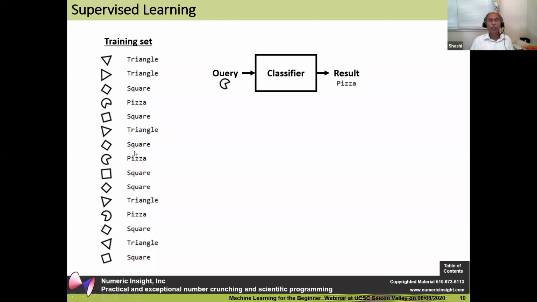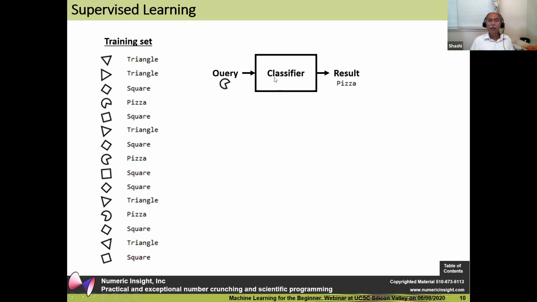So in order to answer this query, you don't really need machine learning, right? You might as well just have a lookup table, or matching. If you can just somehow take this and match it against each of these items till you get a hit, then you got your answer. So it's not really machine learning.